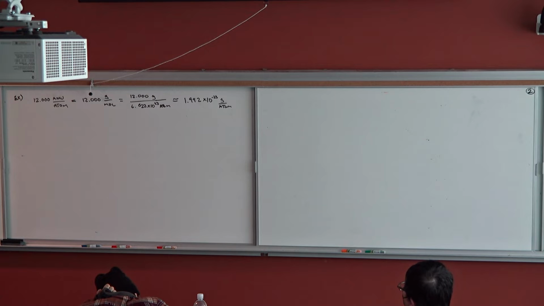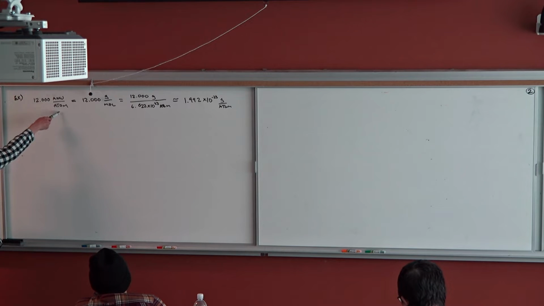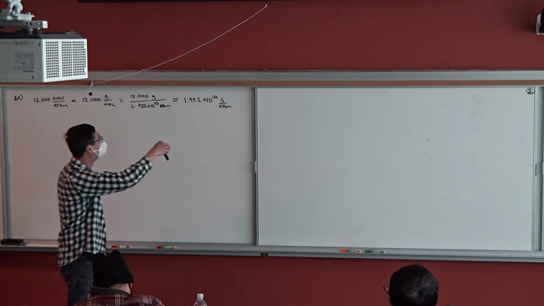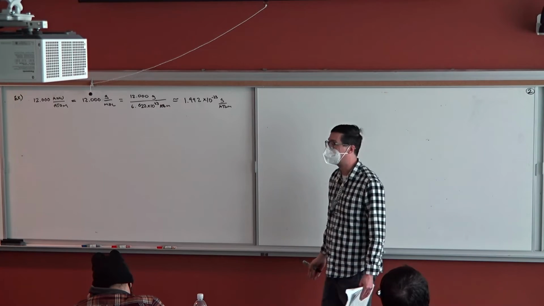That's how much an atom of carbon weighs? Yes. If I wanted to convert from an atom that has a mass of 12 AMU into a mass in grams per atom instead of AMU per atom, I just follow that simple procedure.